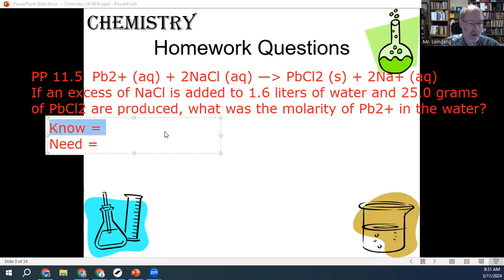We're told that the mass of the Pb2+ is going to be related to the mass of the NaCl, right? They told us the Pb2+ is going to react with the Cl, and so we can measure the mass of the precipitate to tell us the concentration of the Pb2+.